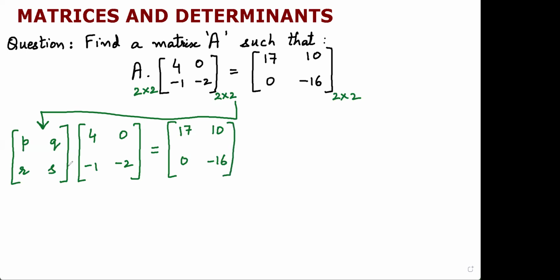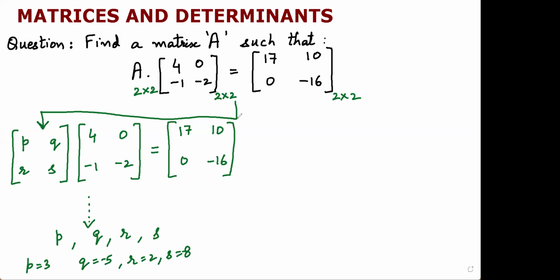So you can multiply the left-hand side matrices in the usual way, and then equating the corresponding elements, you will be getting the values of P, Q, R, and S. So you will be getting P is equal to 3, Q is equal to -5, R is equal to 2, and S is equal to 8. So that's one way you will be able to solve this question.